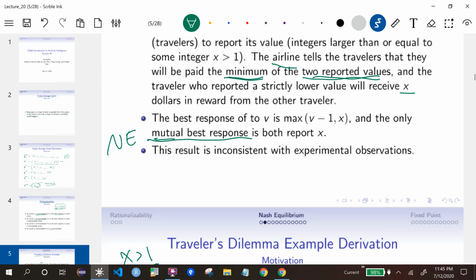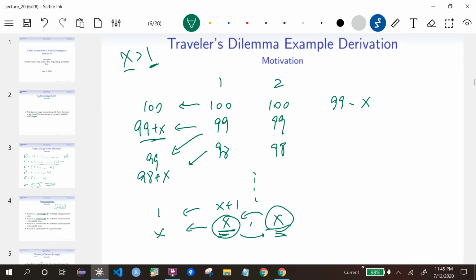So let's go back and figure out if there are other pairs that work like this. We already saw that 100, 100 doesn't work, and 99, 99 doesn't work. Same goes for all the other ones. Maybe let's try something asymmetric. So let's say 98 and maybe 96. Given the other player is playing 96, would I be best responding by picking 98?